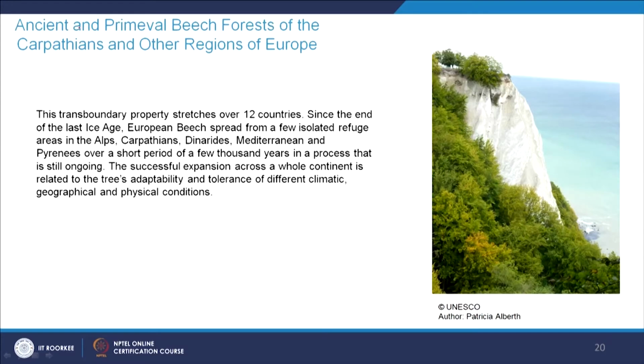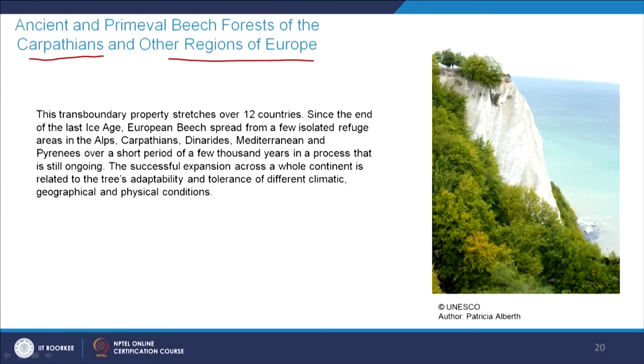One good example which I would like to bring to your attention is the ancient and primeval beech forests of the Carpathians and other regions of Europe. This stretches across about 12 countries within Europe, including former Soviet Union countries as well.